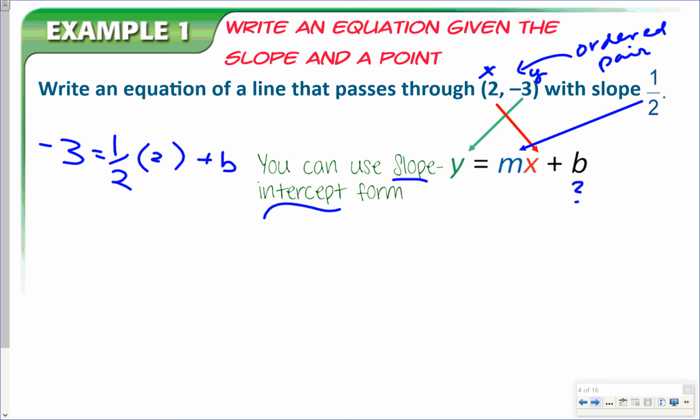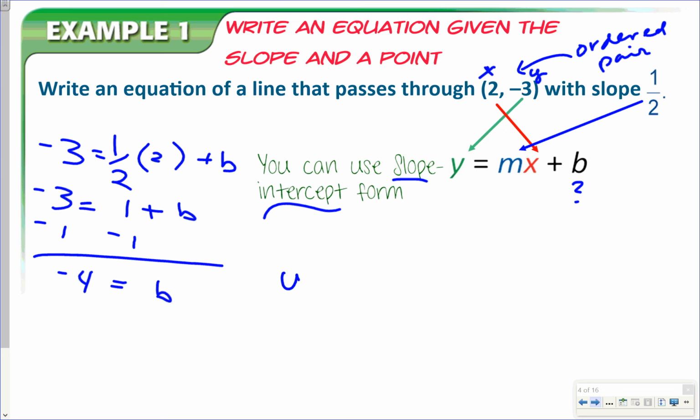Okay, so now we just do what? Simplify. -3, what's half of 2? 1. How do I get B by itself? Well, now, am I finished? Okay, what do I need to do now? Very good.